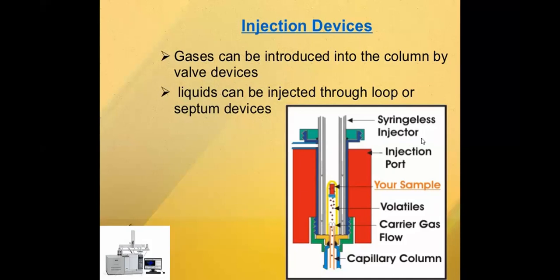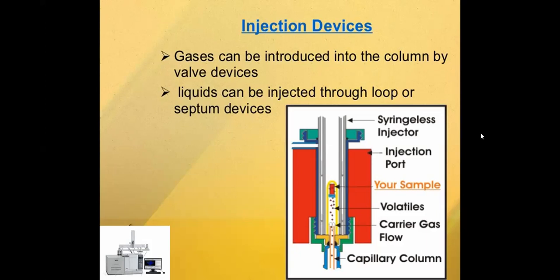With the help of the injector or injection port, we can introduce the sample, volatile samples, into the flow of carrier gas. Gases can be introduced into the column by valve devices.